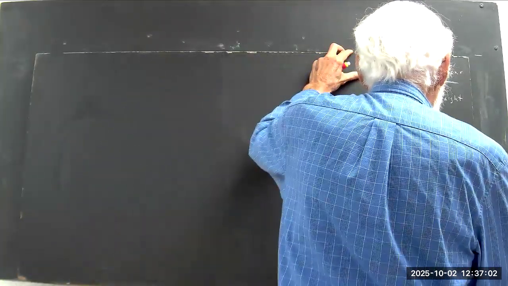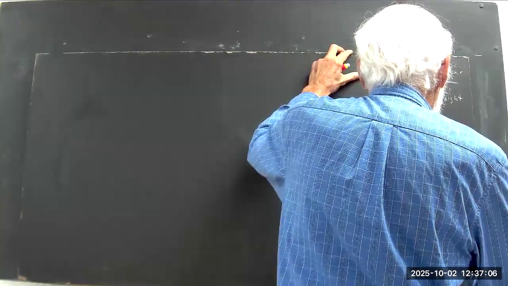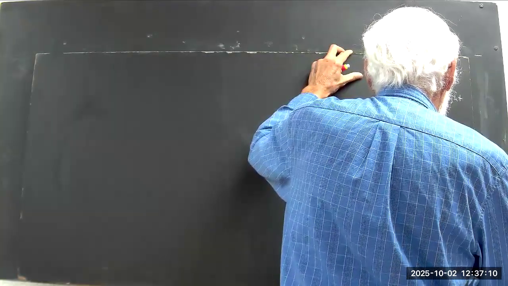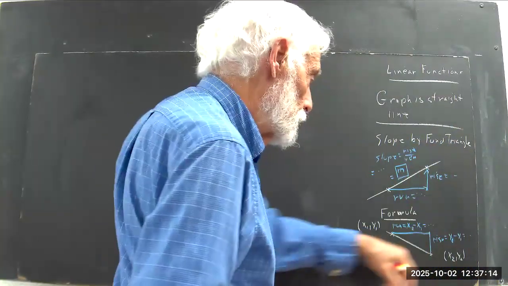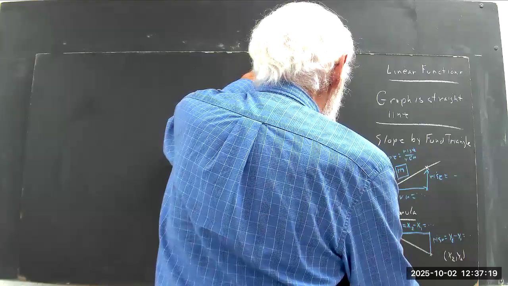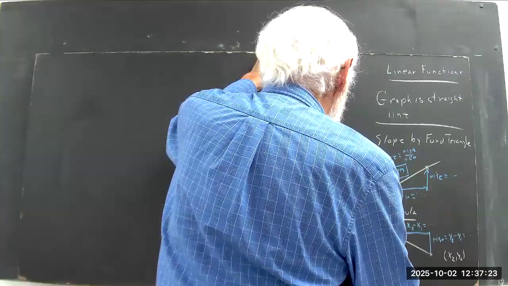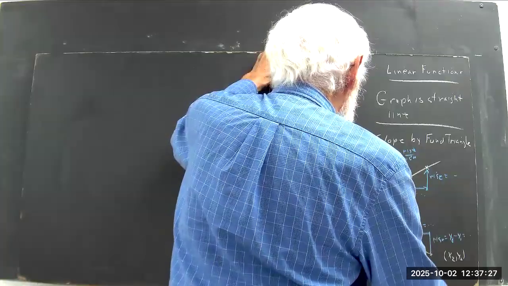And the rise is y2 minus y1. And you fill in the number if you happen to have numbers here. And slope equals rise divided by run equals.